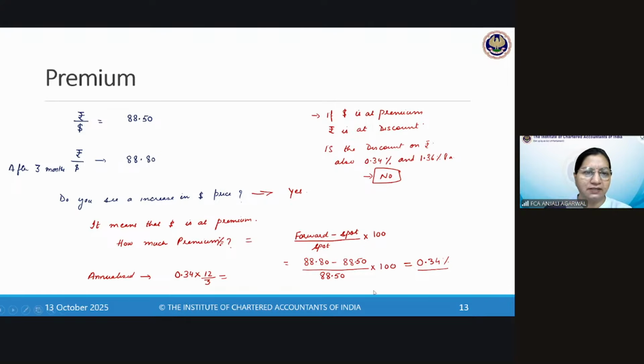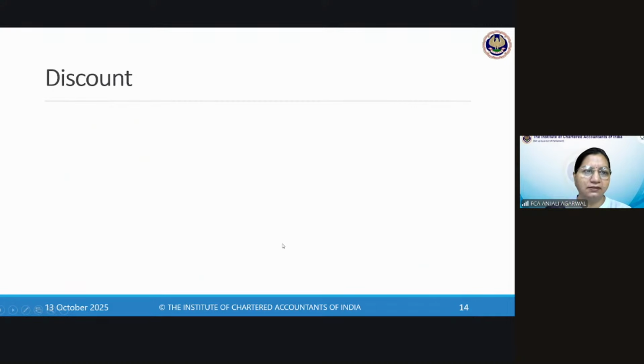First, let's take the same rates and calculate the discount. So you had rupee by dollar, which was 88.50, and rupee by dollar after 3 months, which is 88.80.